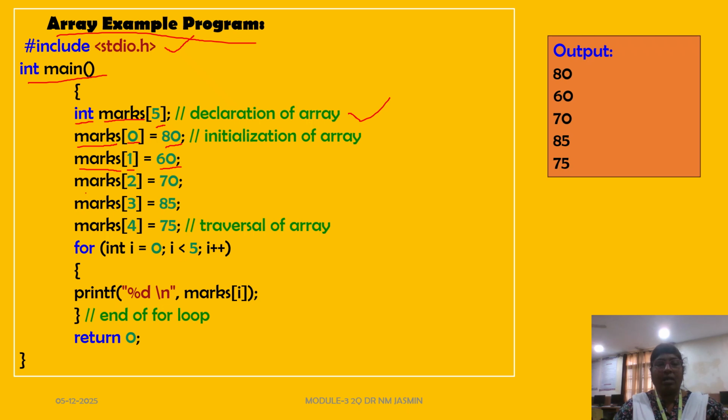So like this, array name, index number, and 70th element. Array name, index number 3, and here this is an element we can locate. Similarly, here array name, and here it is the 4th index number where we can locate 75.